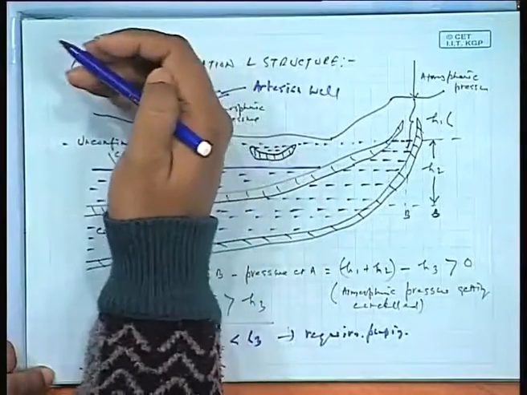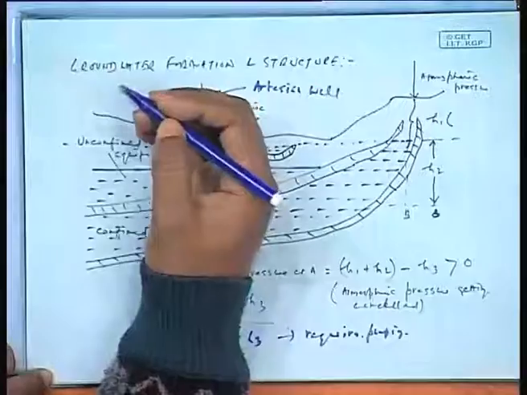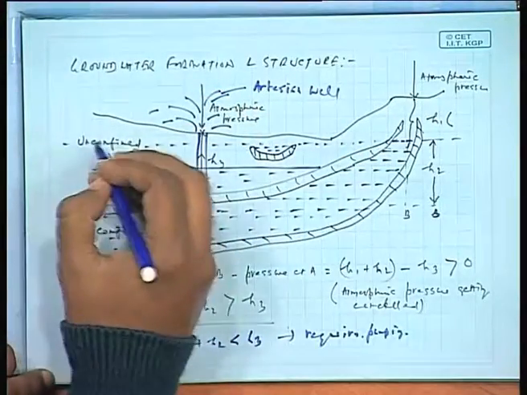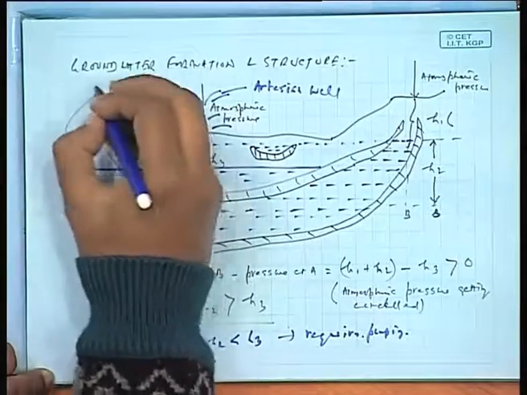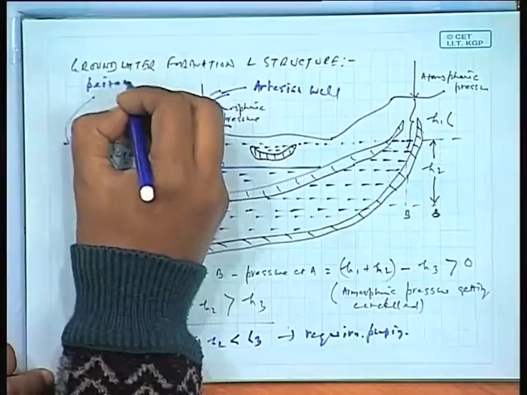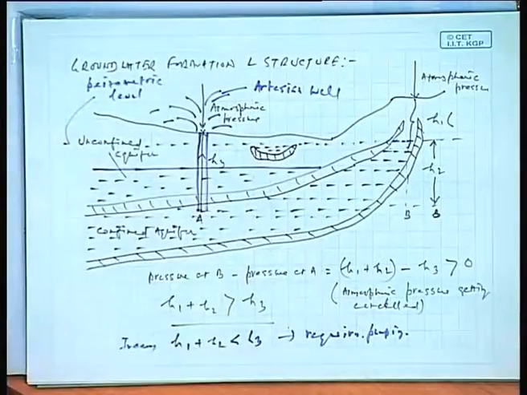On top of that there will also be water, but mostly moisture, in the form of vapor. But here, this is what is famously known as the piezometric level.